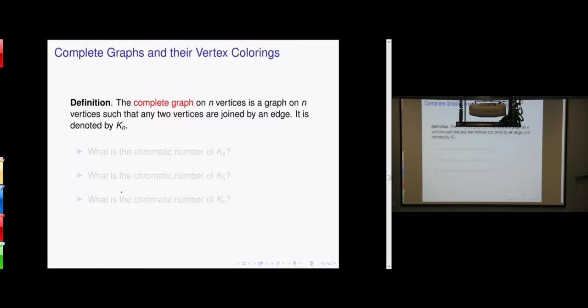Now, a question for you: what is the chromatic number for K4? So what is K4? I have 4 vertices, 1, 2, 3, 4.